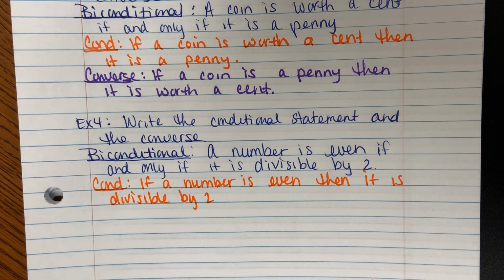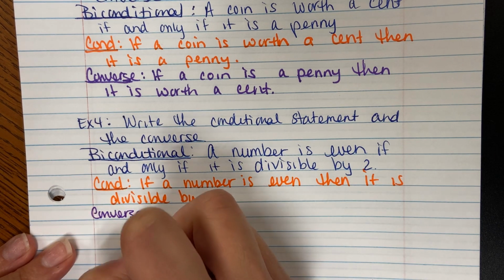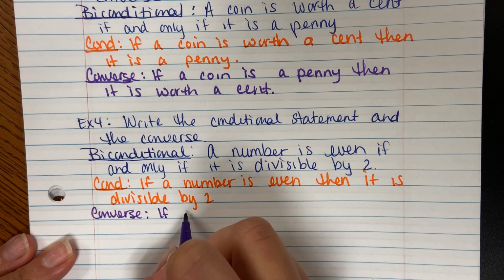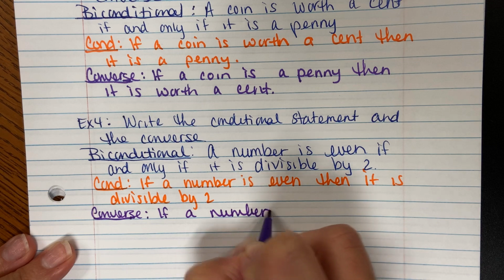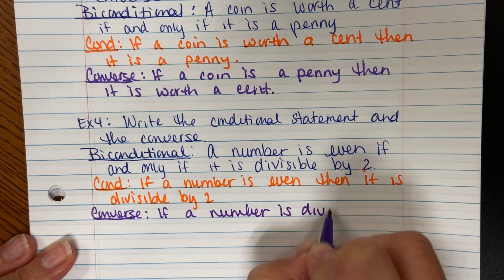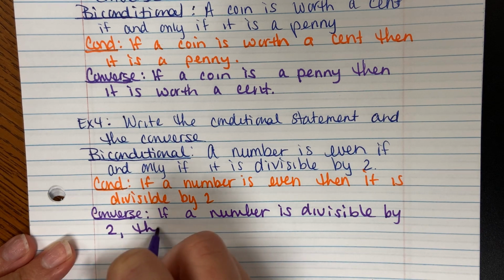And now that we have that, the converse is if a number is divisible by 2, then it is even.